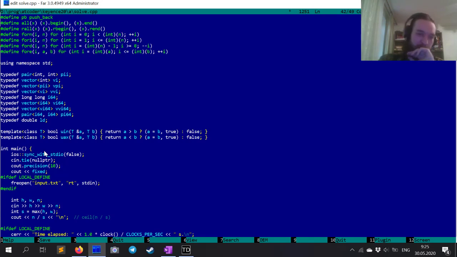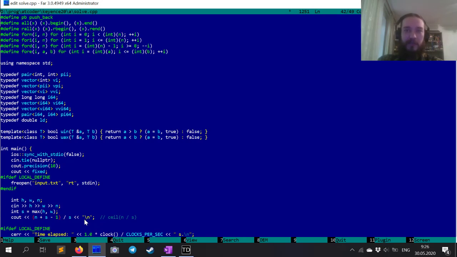But if we want to round it up, there are a few tricks we can do. We can check if n is divisible by s, and if it is, then this is just the answer. If it isn't, then this plus 1 is the answer. But the trick you can do, whenever I need to use this ceiling of n over s, this formula just works.